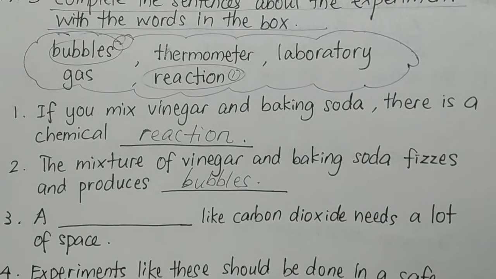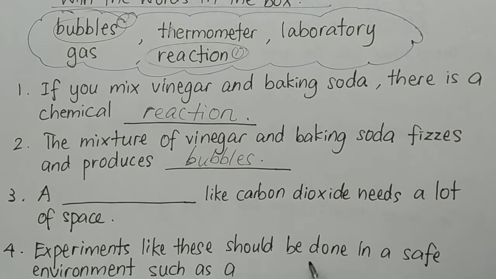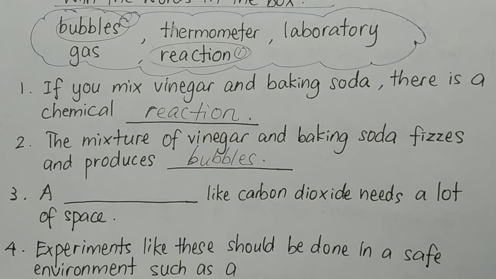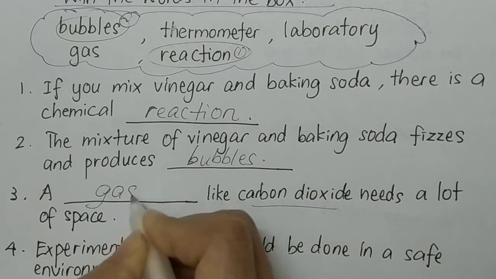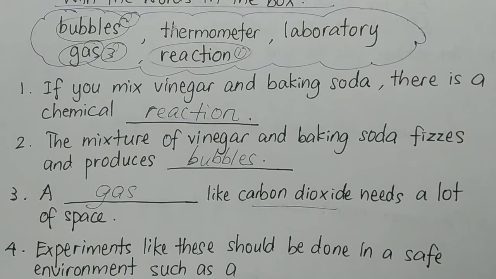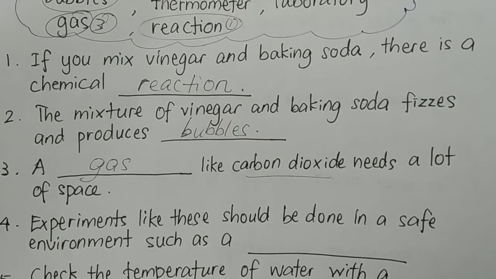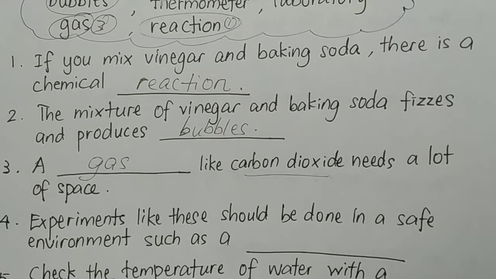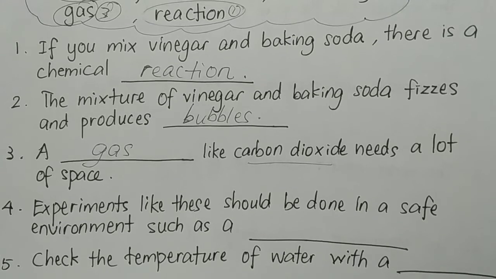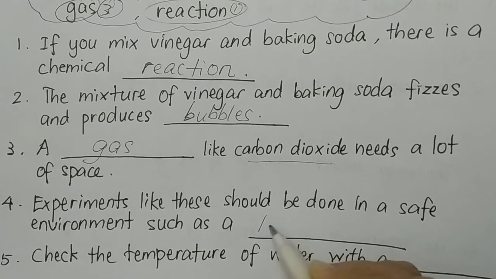Alright. Question 3. What, like carbon dioxide, needs a lot of space? Yes. What? Carbon dioxide. Again, what is this? It's a type of gas. So we write down gas. 3 here. Okay. 4. Experiments like these should be done in a safe environment, such as, remember, the school laboratory.